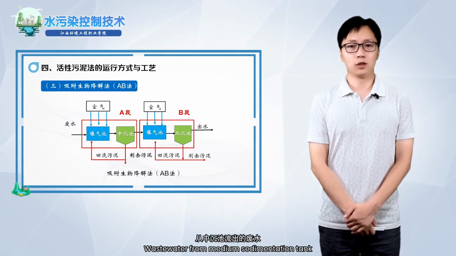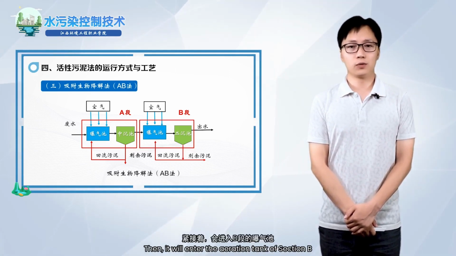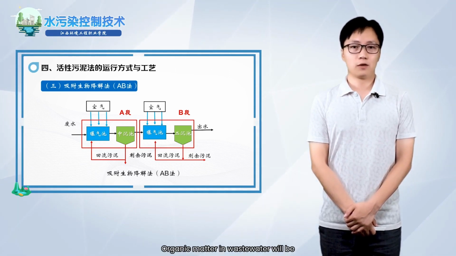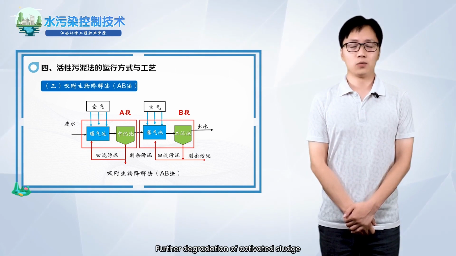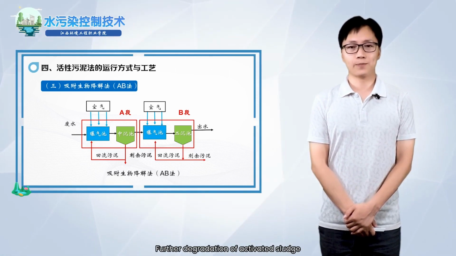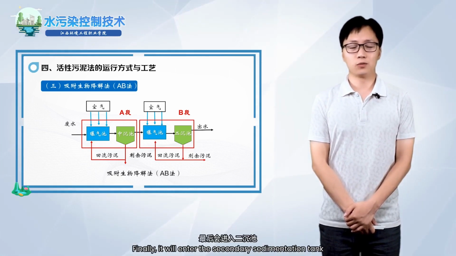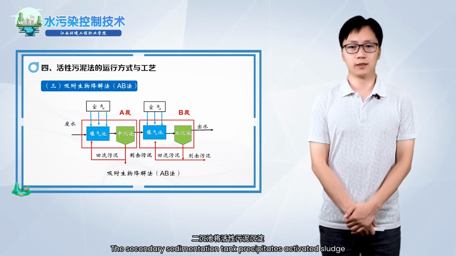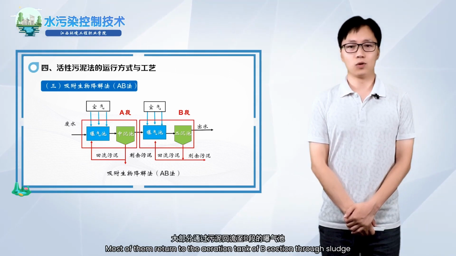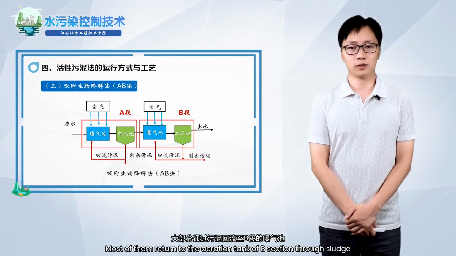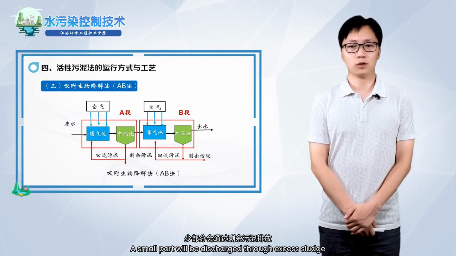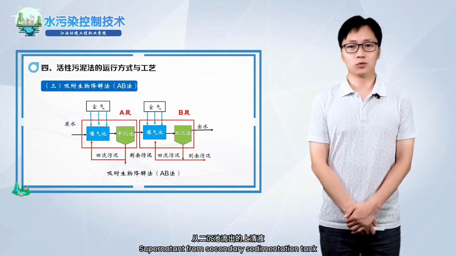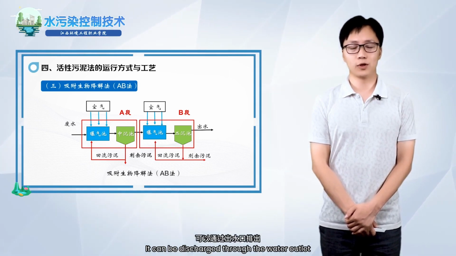Wastewater from the intermediate sedimentation tank then enters the aeration tank of section B, where organic matter in the wastewater is further degraded by activated sludge. Finally, it enters the secondary sedimentation tank, which precipitates the activated sludge. Most of it returns to the aeration tank of section B through sludge return, and a small part is discharged as excess sludge. The supernatant from the secondary sedimentation tank can be discharged through the water outlet.